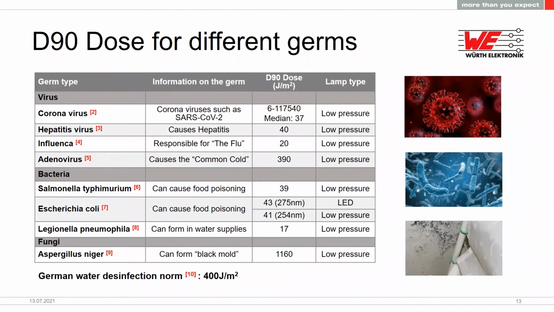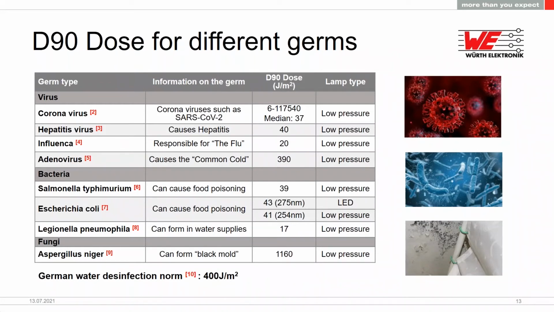Okay, so the question is now, which is actually the dose that is recommended? Well, it depends on your requirements. How much disinfection do you actually want? Which germs do you want to kill off? So it's not an easy question to answer how much light you actually need to kill off all of the bacteria.